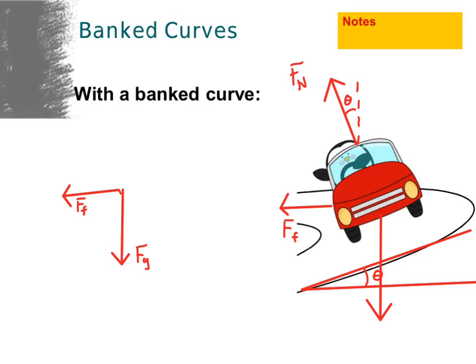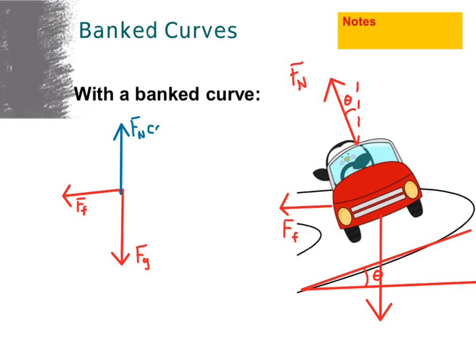But now I have this normal force that I want to break down into components. So let me make that blue. We have a component going vertically, and that vertical component would be Fn cosine theta.